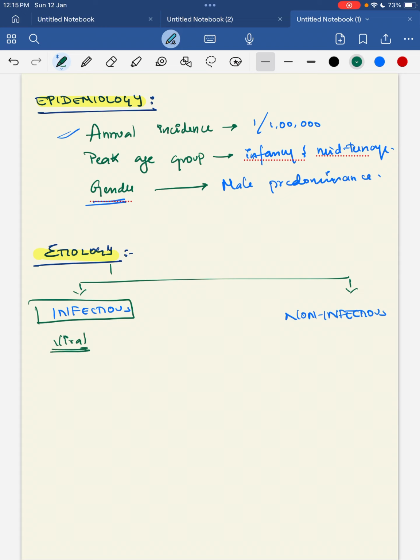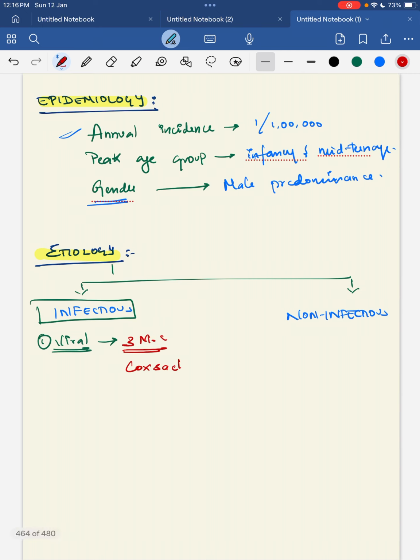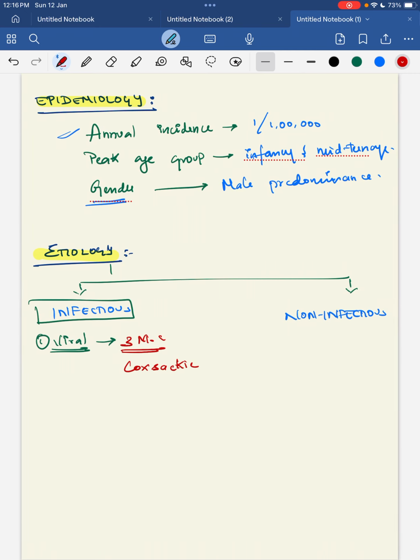Among the viral causes, we have three most common viruses that can cause myocarditis. The first one is Coxsackie B. The second one is adenovirus, and the third one is human parvovirus B19.